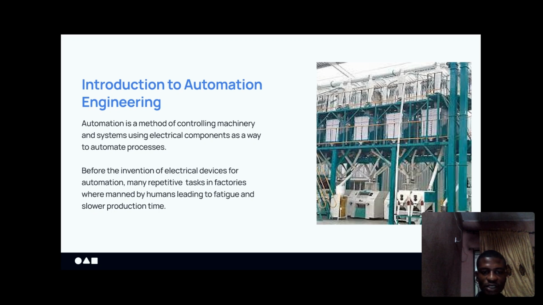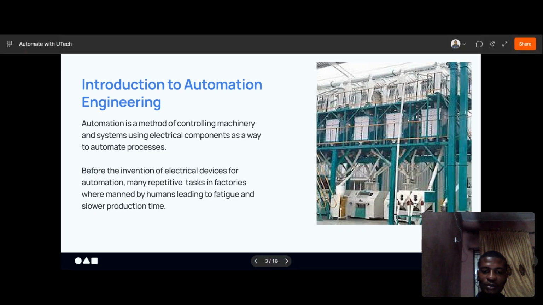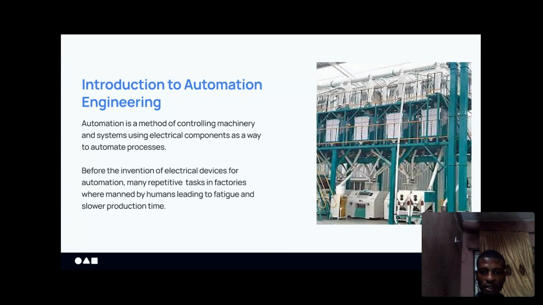Before the invention of electrical devices for automation, many repetitive tasks in factories were manned by humans. Like I said earlier, before the advent of automation, many tasks were manually carried out in time past. But after the advent of automated systems, most of those tasks are now unmanned.